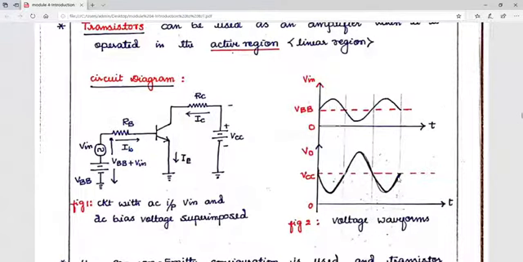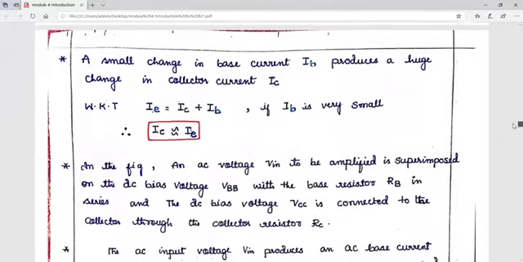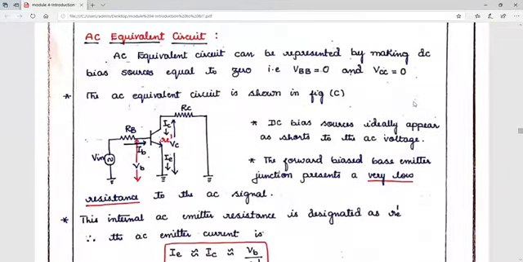So this is how you can use the transistor as an amplifier for both current amplification and voltage amplification.